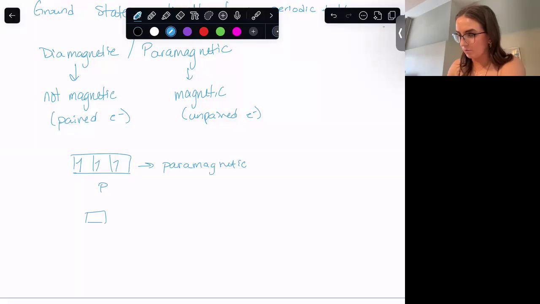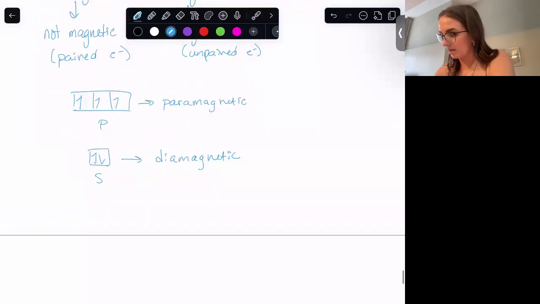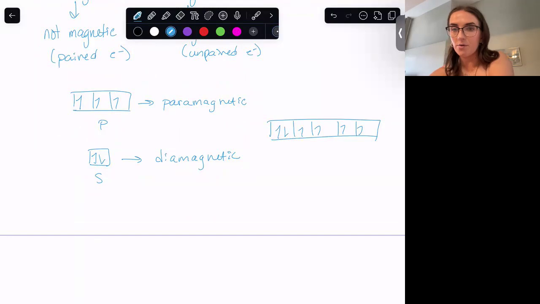What if we had something in the s orbital that had 2 paired electrons? This one would be diamagnetic. Okay. What if we had something in the d orbital that had 1 paired electron and 4 unpaired electrons? Yep, this one is also going to be paramagnetic.